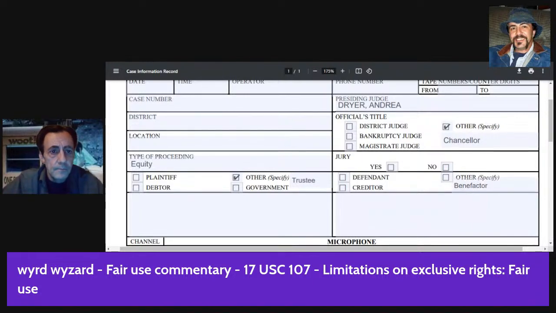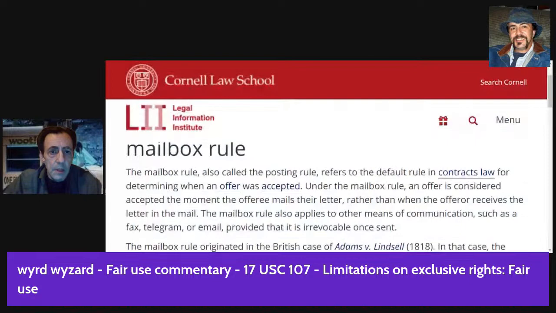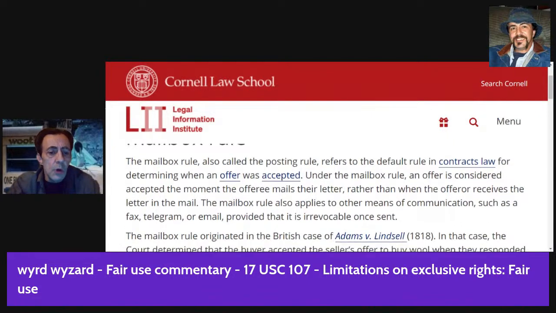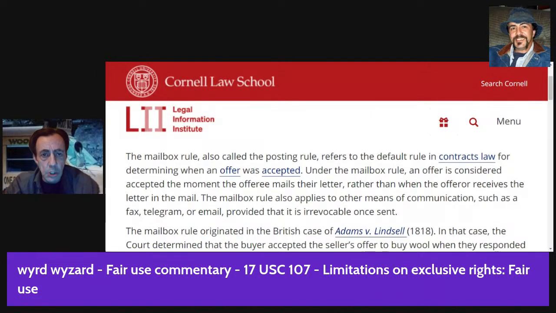So the next one, as it relates to that bond that you posted, is the mailbox rule. The mailbox rule, also called the posting rule, because you posted a bond, refers to the default rule in contract law for determining when an offer was accepted.